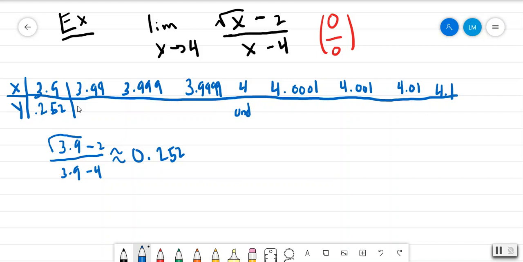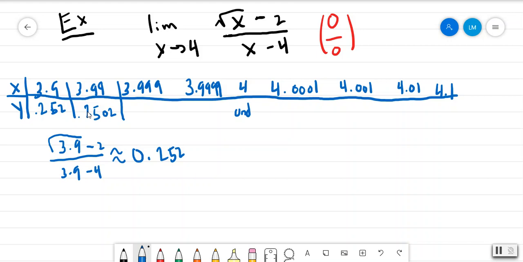Now you're going to start to notice that there's a bit of a pattern, like you get 0.2502. Furthermore, you're going to repeat this process until you find all of the values that give you the approximation for the limit.